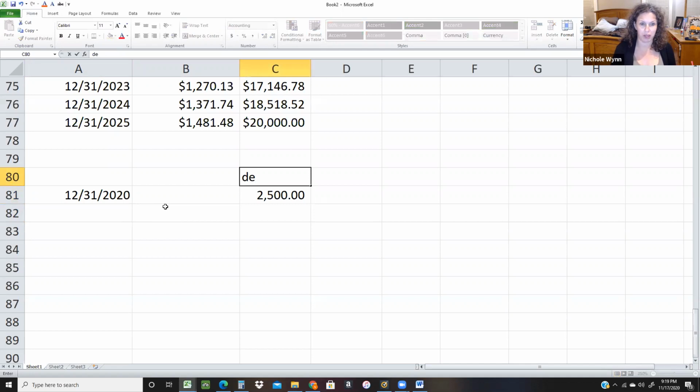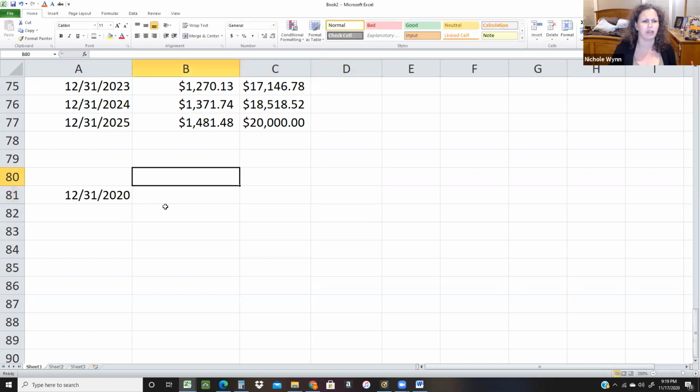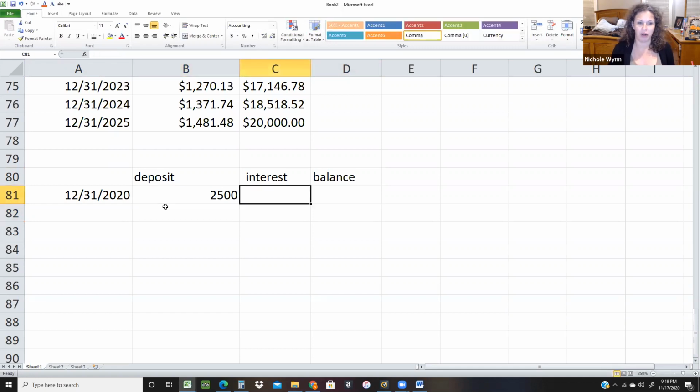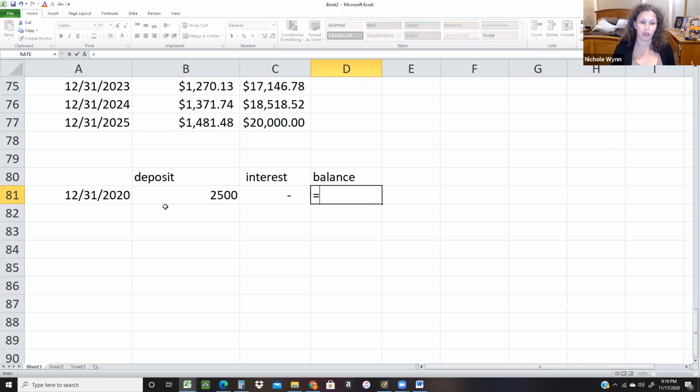Let's set up columns: deposit, interest, balance. At the end of the year we put $2,500 in there. We get no interest in that year because we just made the deposit on 12/31. So my balance is 2,500 plus 0, which is 2,500.